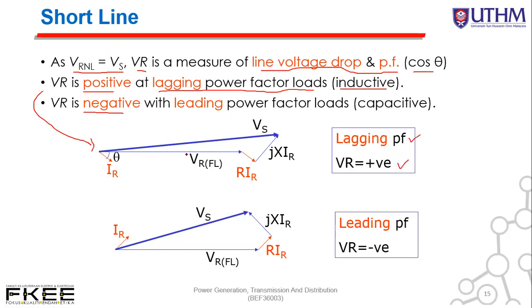This line is the receiving end voltage under full load condition, and there is a current IR with angle theta, where theta is the power factor angle, cos theta. So IR times R, the series impedance, and 90 degrees shifted, jX IR for the inductance.